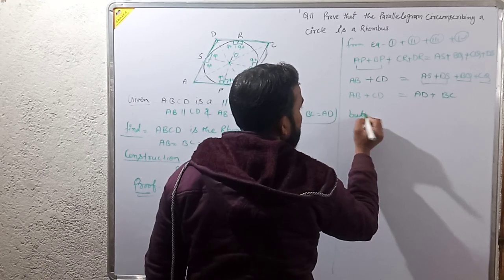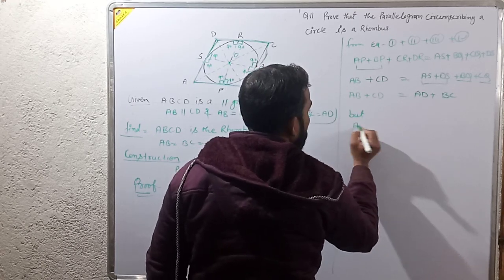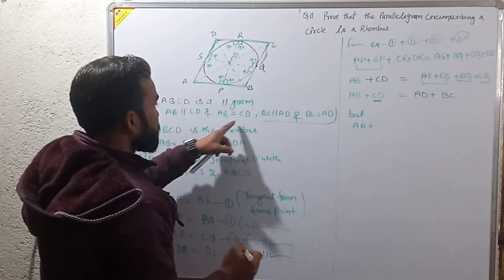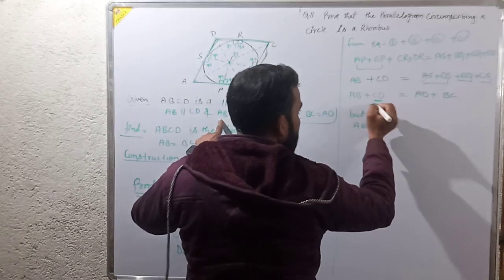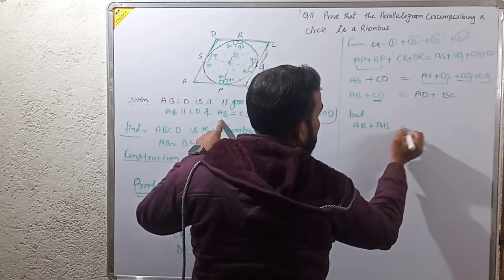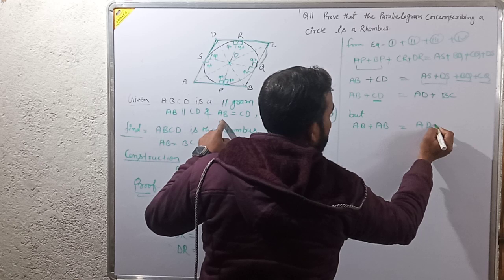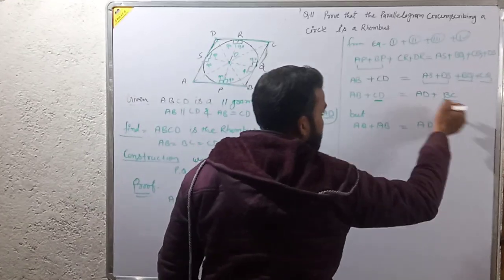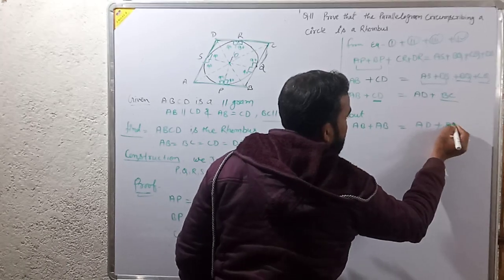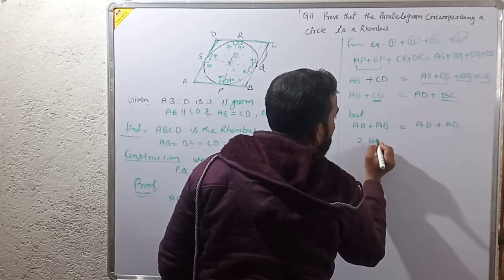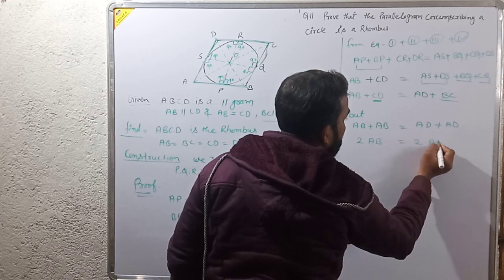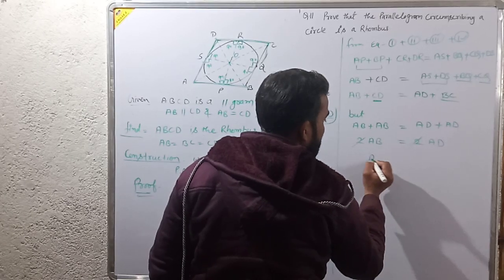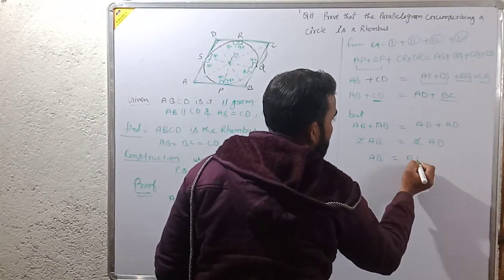But AB is also equal to CD. So we put AB in place of CD, and AD in place of BC. Two times AB is equal to two times AD. The 2 will be cancelled out and becomes AB is equal to AD.